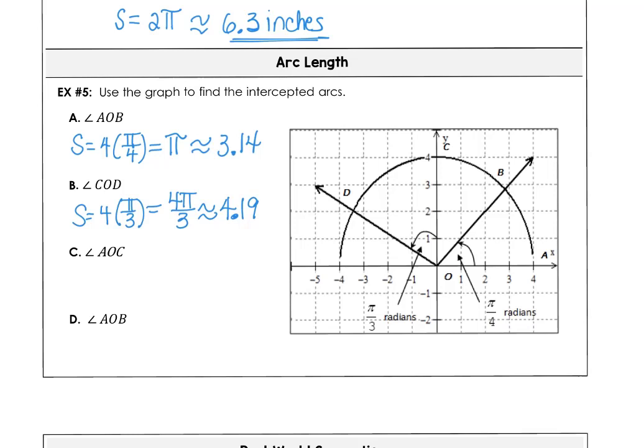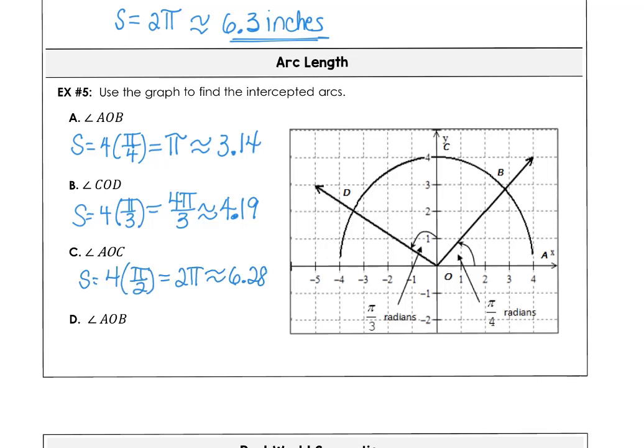Then part C is angle AOC, so that would be a 90-degree angle, which is pi over 2. Intercepted arc, radius is 4 times pi over 2, which gives us an exact measurement of 2 pi for the arc, which is about 6.28.